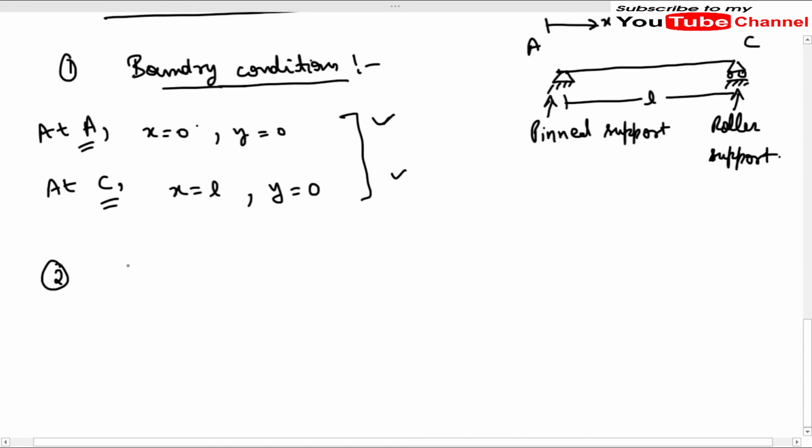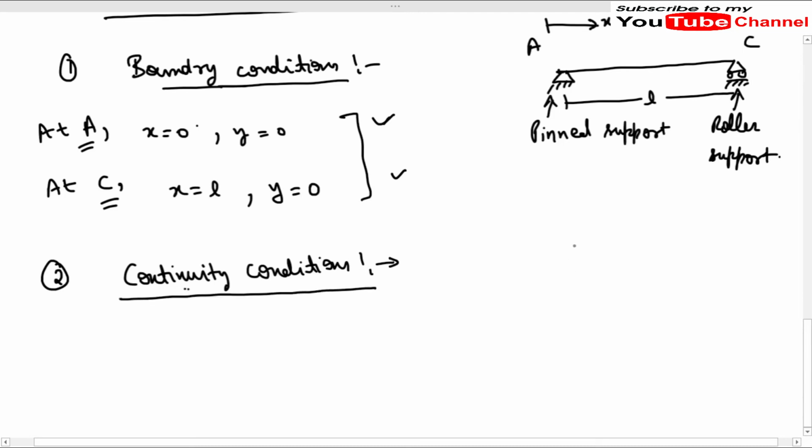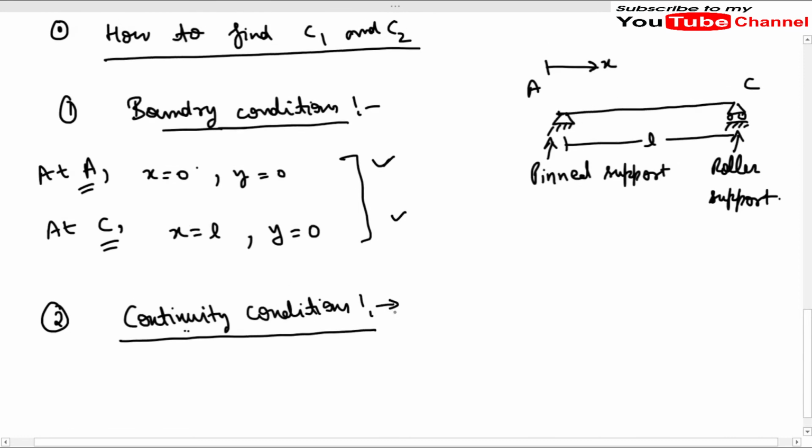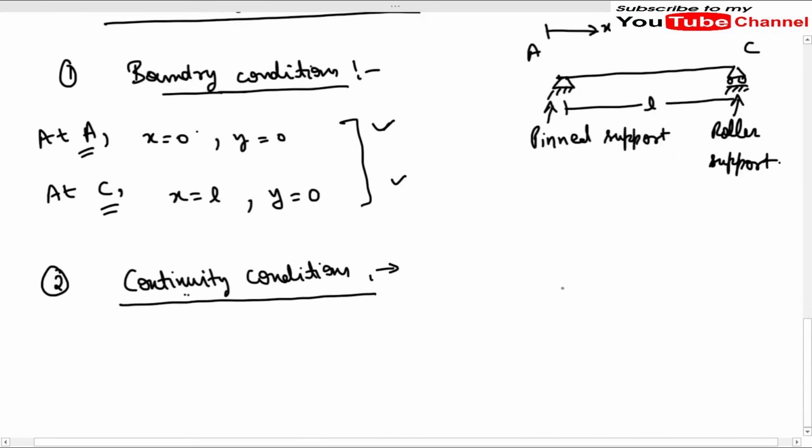So the other type of condition is continuity conditions. So what are these continuity conditions? Now look at this. Sorry, let me draw this beam again here for more clarity.